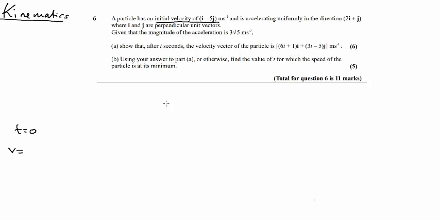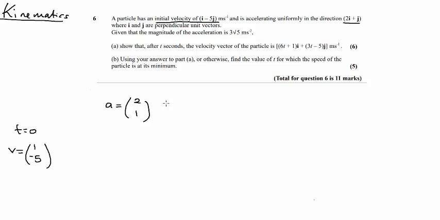It's telling me the initial velocity is 1 minus 5. It's saying acceleration uniformly, so it's just told me what my acceleration is. That's going to be useful. Given that the magnitude of the acceleration is that, isn't it?